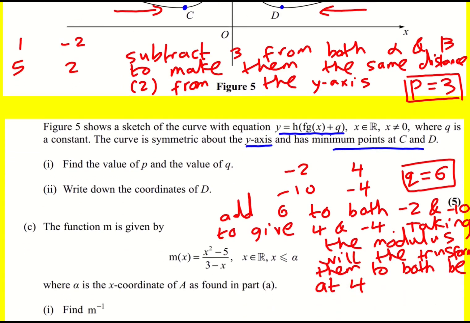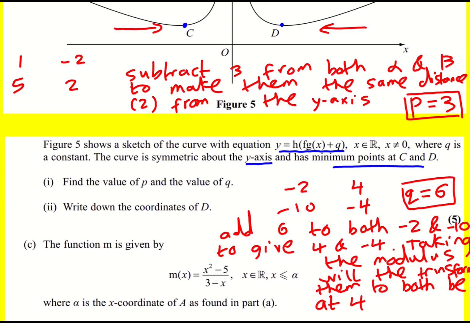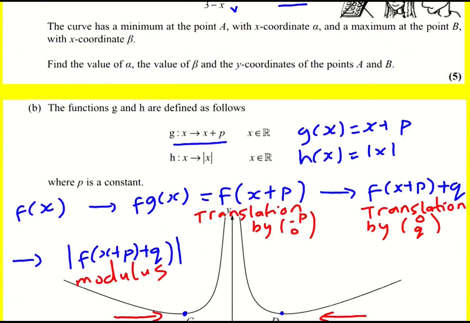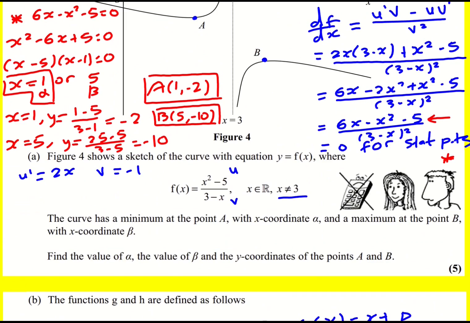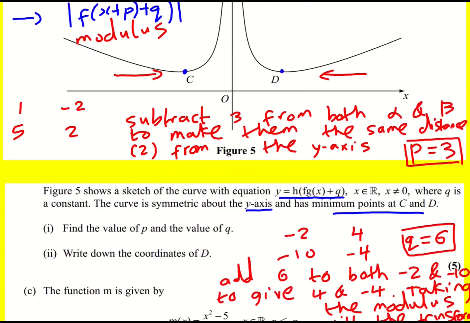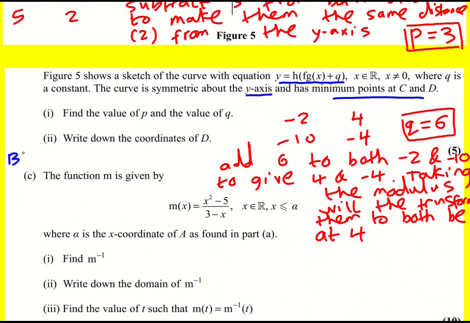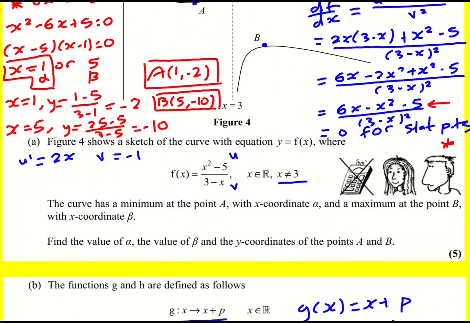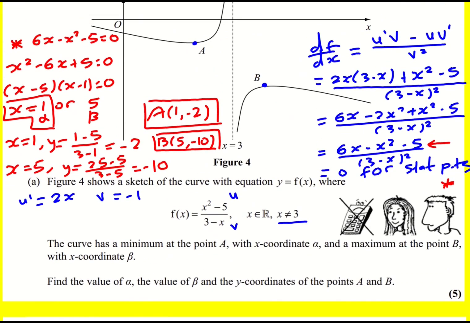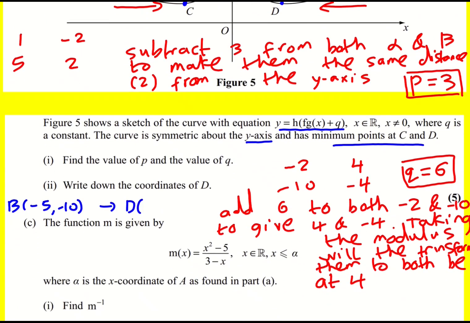We're asked to work out the coordinates of D. So if we look at that, we had B as 5, minus 10. So if we apply the transformation, then D is going to go... Sorry, I made a little mistake there.